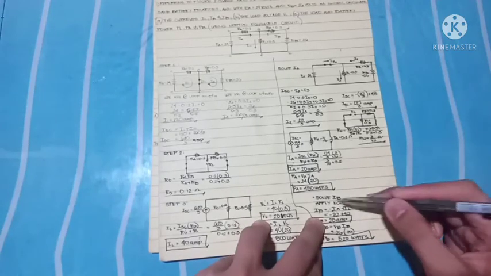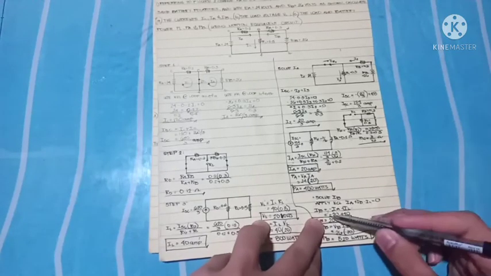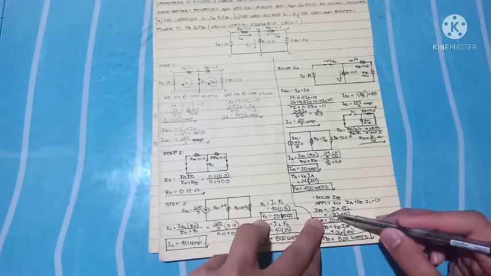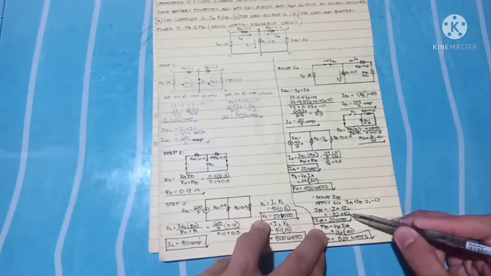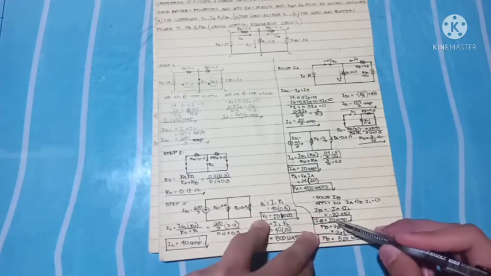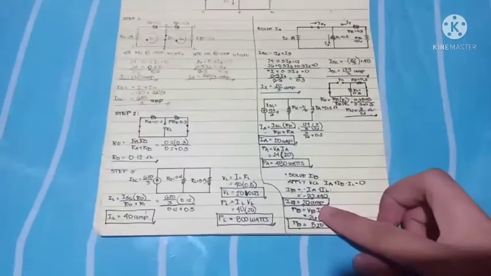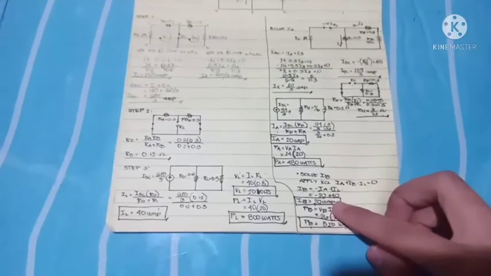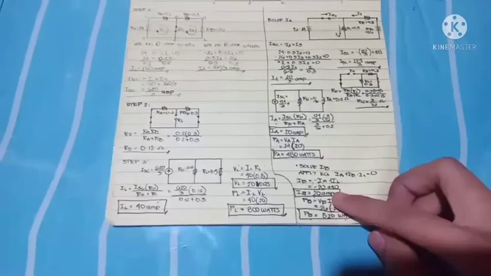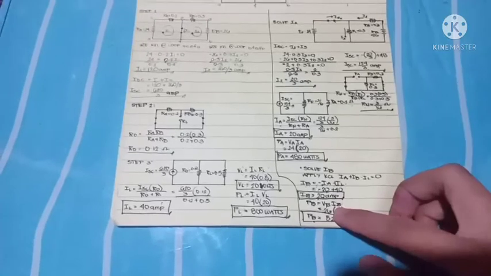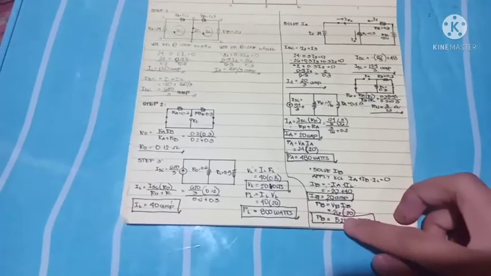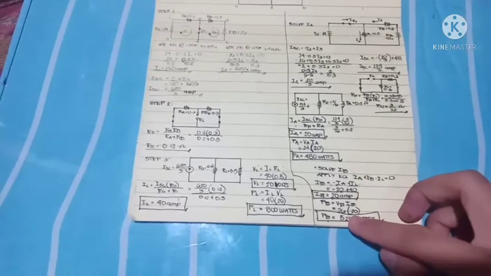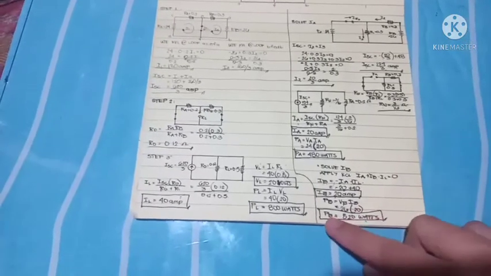Then we can now substitute the value. So IB is equal to negative 20 plus 40. So IB is equal to 20 amps. Since we have the value of our IB, we can now solve PB is equal to VB times IB. So substitute the value, 26 times 20. So PB is equal to 520 watts.